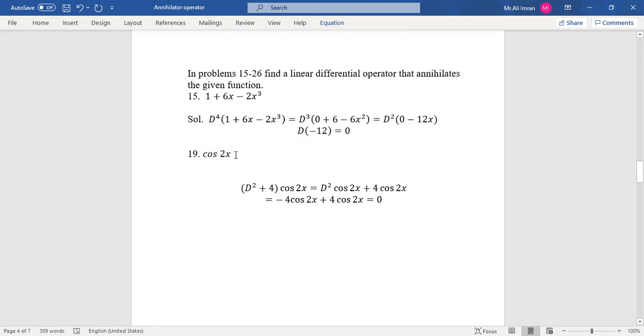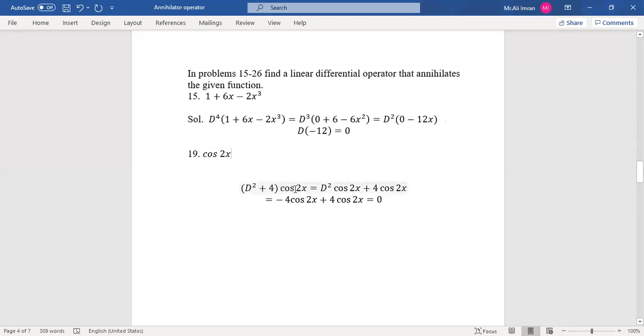You know that this type of function appears when we have the value of m or D equal to plus minus 2. So D equal to plus minus 2 appears when we have D square plus 4.